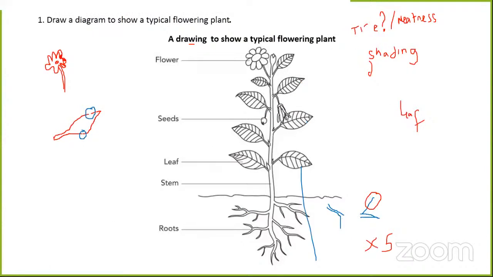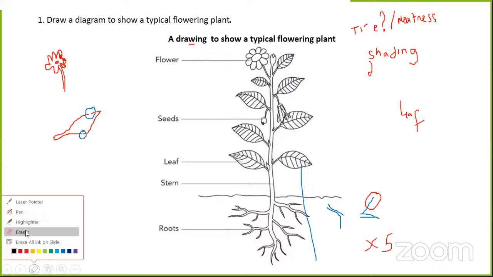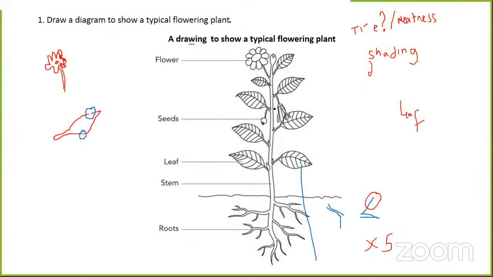The pen is here. So I'm assuming you want to, let's say, label this flower, and this side you didn't have space. On the left side, no space.